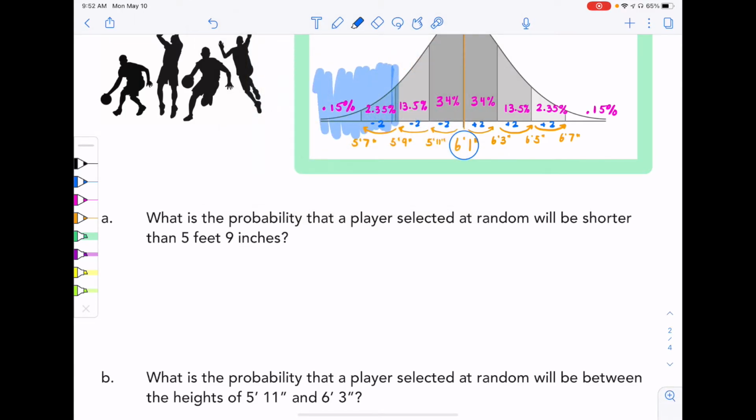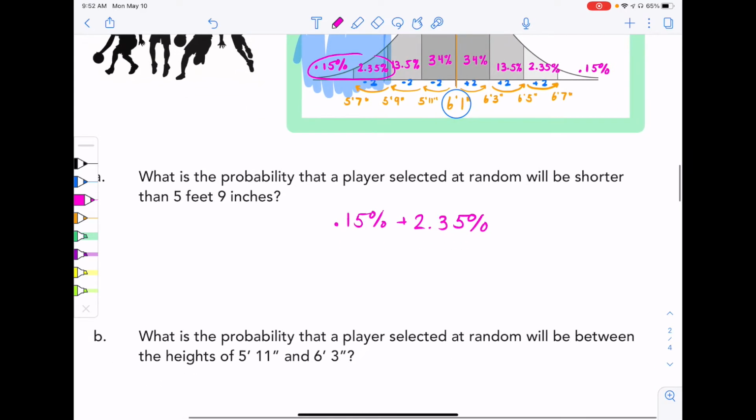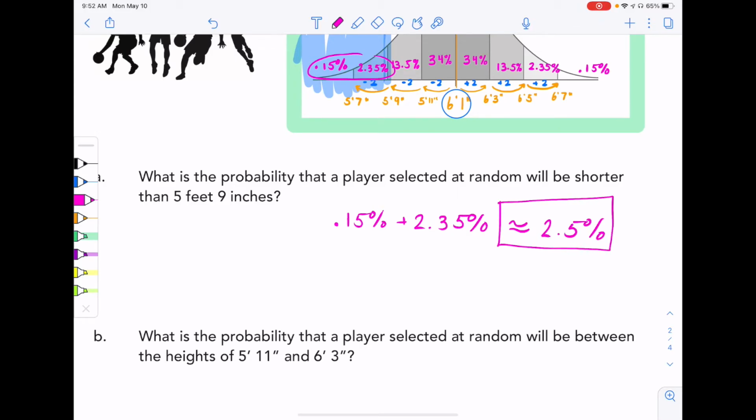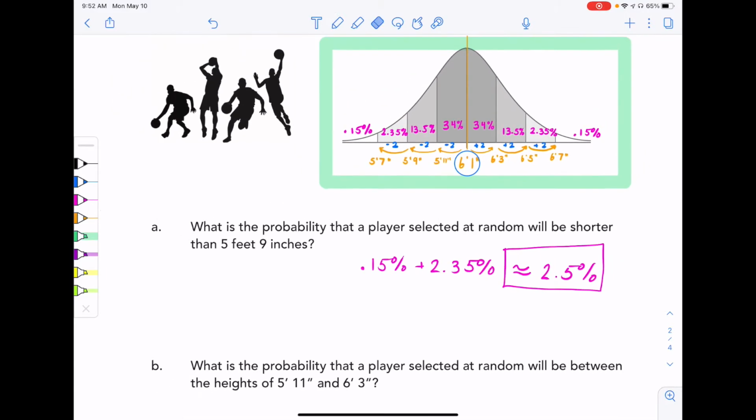So anything that falls on this side. So we're going to add those percentages together. That's all we're doing here. We're adding 0.15% plus 2.35%. And our solution will be approximately 2.5%. So if I was to answer this as a complete sentence, I would say approximately 2.5% of the players will be shorter than 5 foot 9 inches. And that's what we're looking for as an answer.